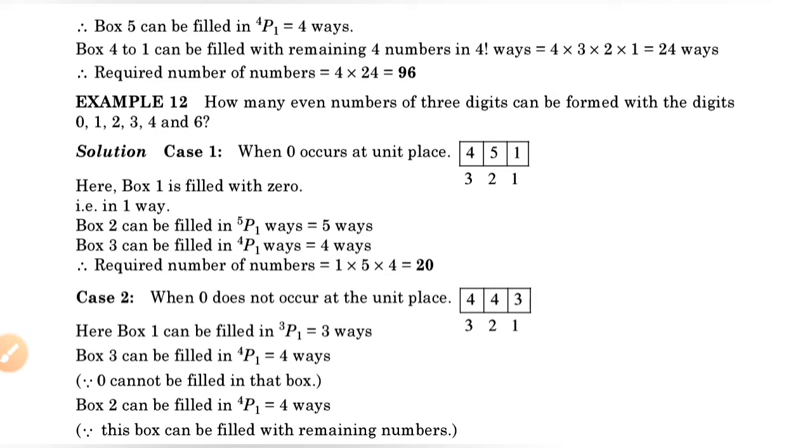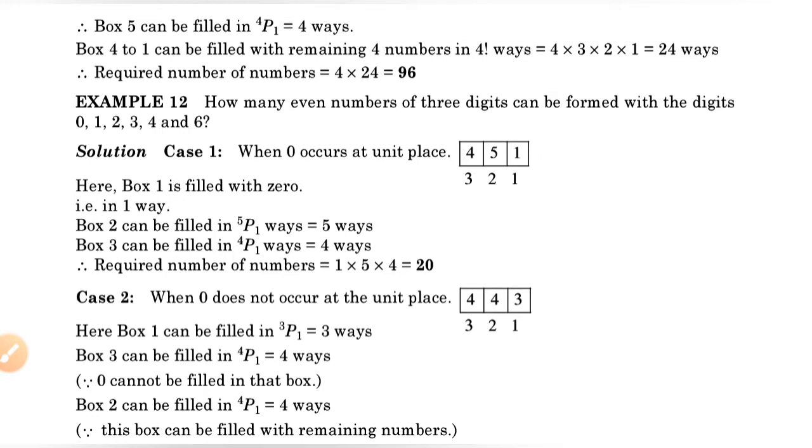If these numbers are present in the unit place, then the given number will be even. Now in case 1, when 0 occurs at the unit place, box 1 is filled with 0 in 1 way, box 2 can be filled in 5 P1 ways with the remaining 5 numbers, and box 3 can be filled with the remaining 4 numbers.